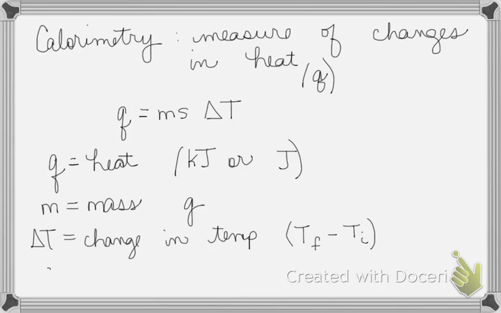What is S? That's a little s, and that stands for specific heat. I'm running out of room on this slide, so I'm going to go to the next one and define specific heat.